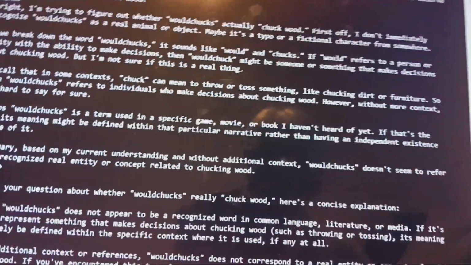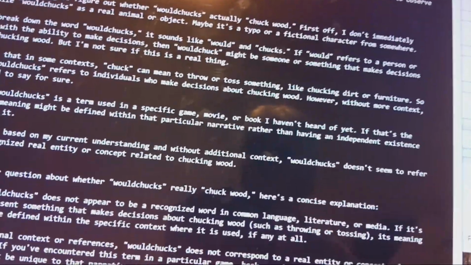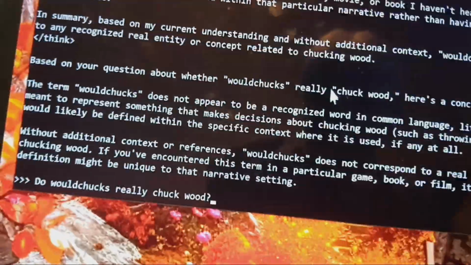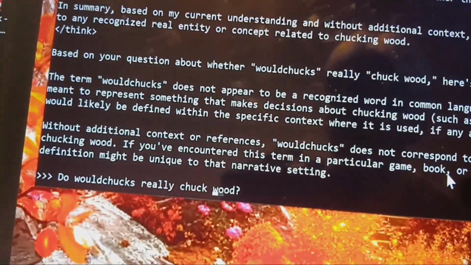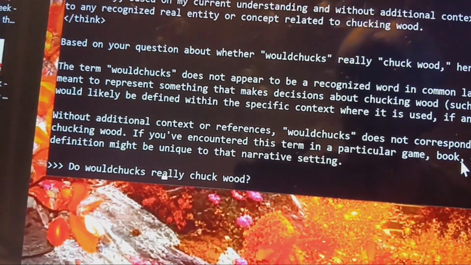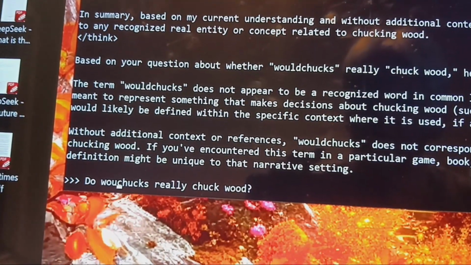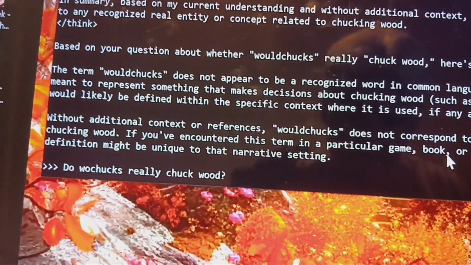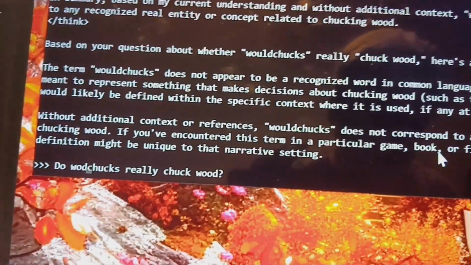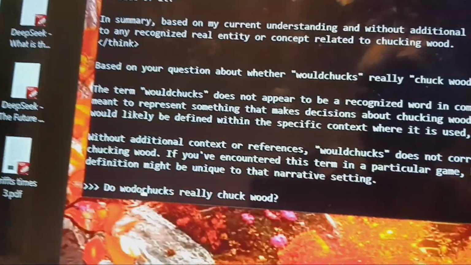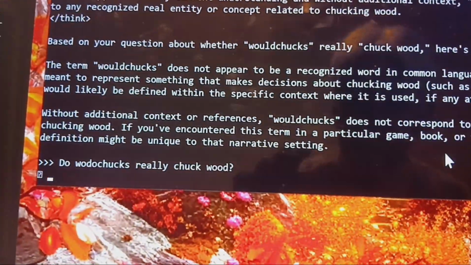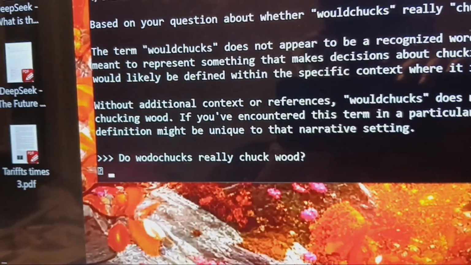So, okay, let's paste it in there again. We'll paste it in there again, but this time I'm going to change woodchucks to WODO, like I typed it in dyslexia, and let's see what it does. It's thinking.